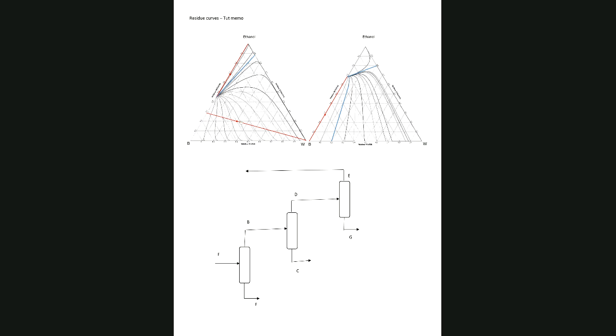Right, let's plot where the feed is. So the feed was 30% water. So here's the water axis, and 30% water is at that point. And it must run parallel with where the water is.